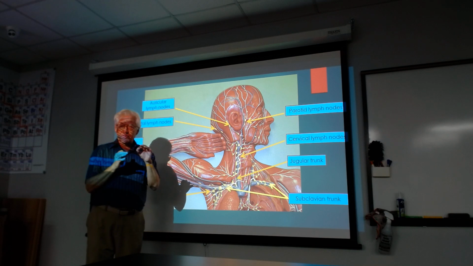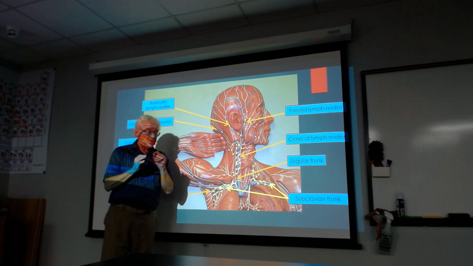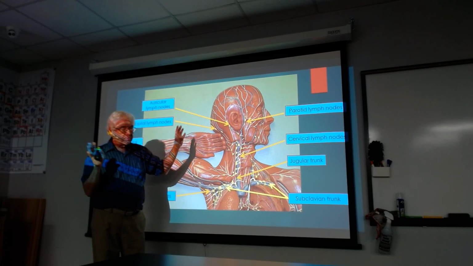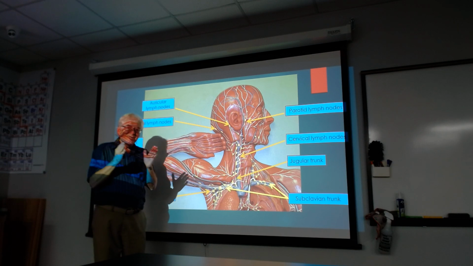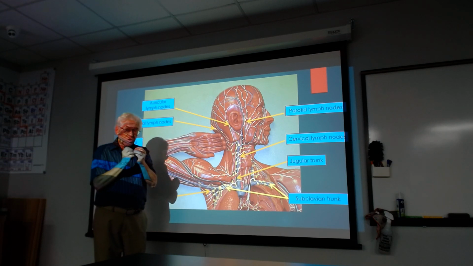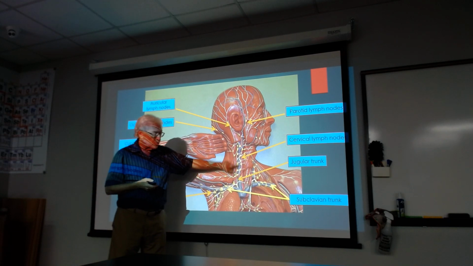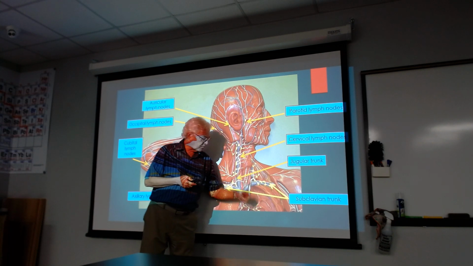A larger vessel. All righty? All these small ones are just called lymph capillaries or lymph vessels. I'll never ask you to name it. But when they come together and become larger, they have a name. The ones that run along your jugular vein are called jugular trunks, left and right.